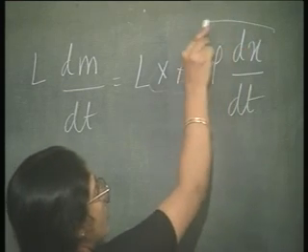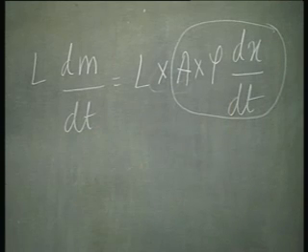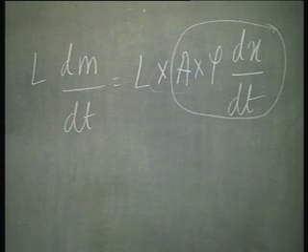This is actually equal to the dm/dt term, the rate of change in volume times the density, that is the rate of change in mass.